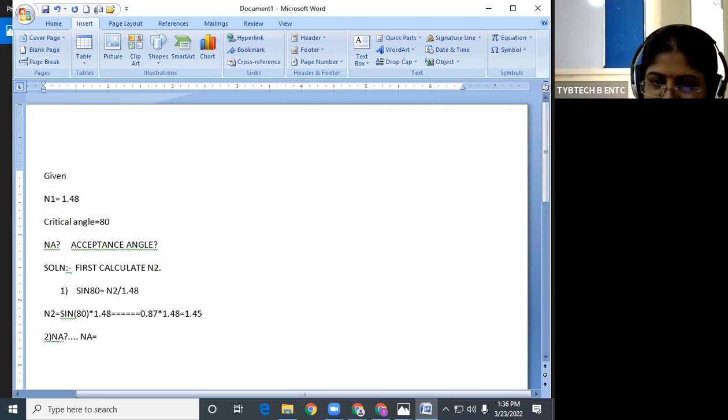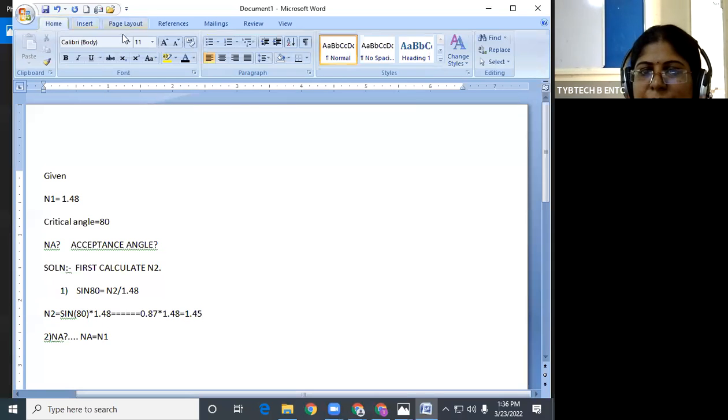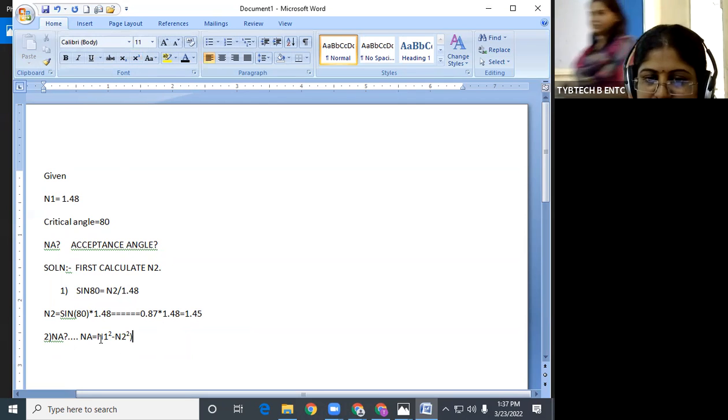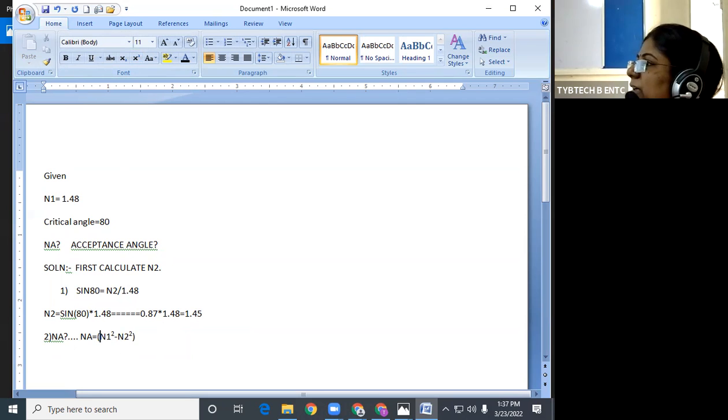NA is equal to N1 square minus N2 square, and the whole bracket is raised to 1/2.